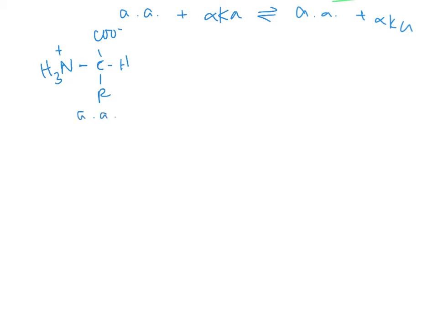Here's our amino acid. And for this particular one, we're going to use the alpha keto acid that is pyruvate. So I'm going to put COO minus at the top to a carbonyl.